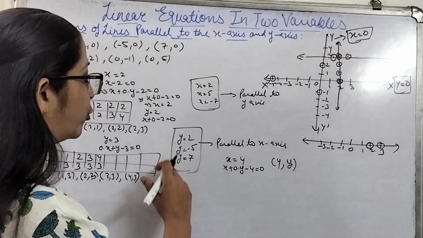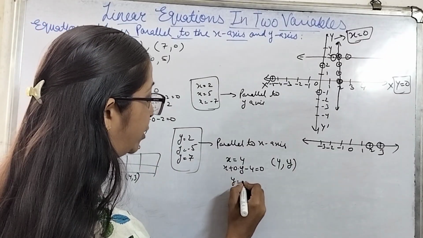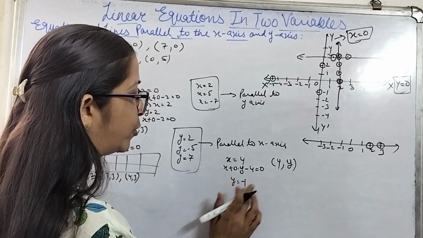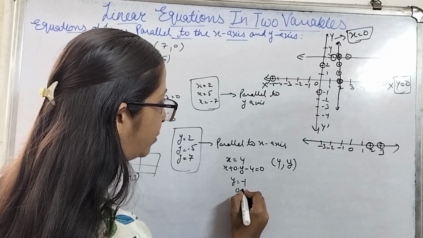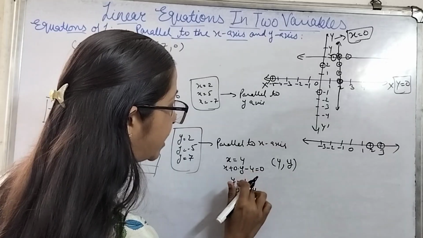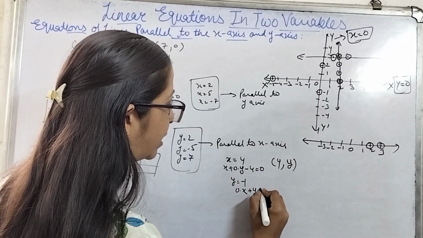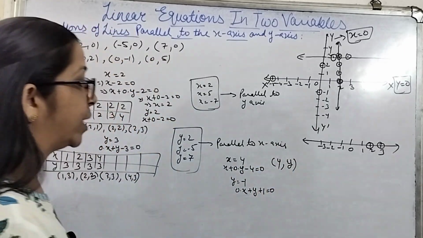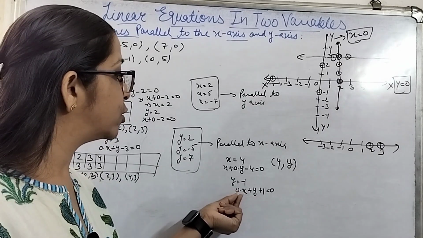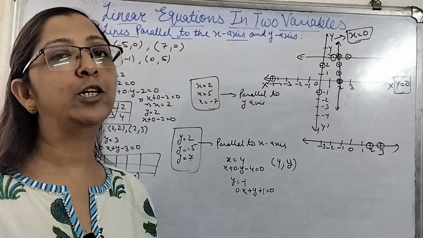Now if your equation is y equal to minus 1, then in linear equation in two variables this could be written as 0 multiplied by x plus y plus 1 equal to 0. Whatever value of x you keep here, it will not change the value of y.